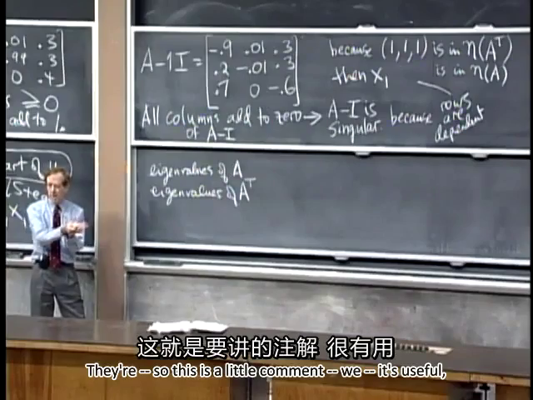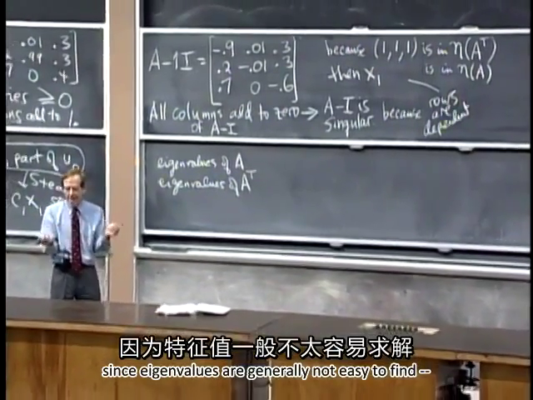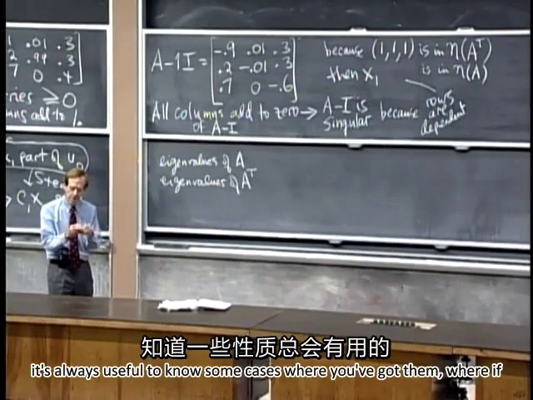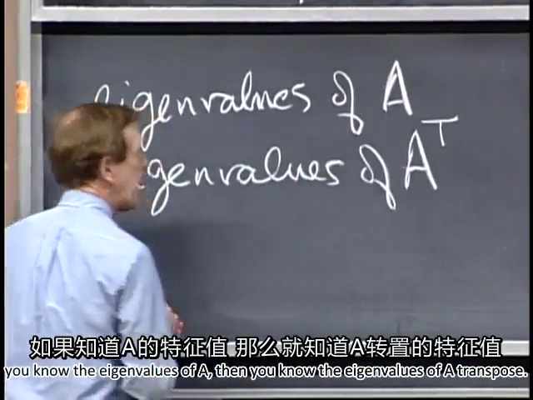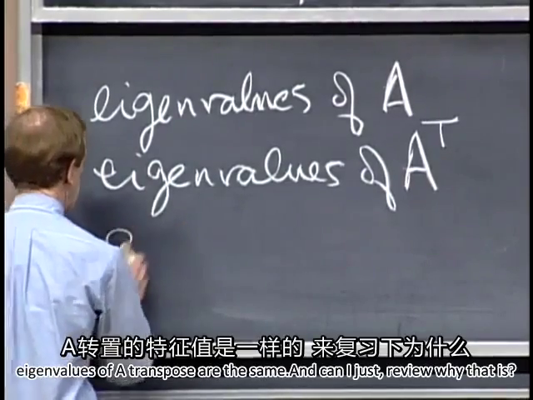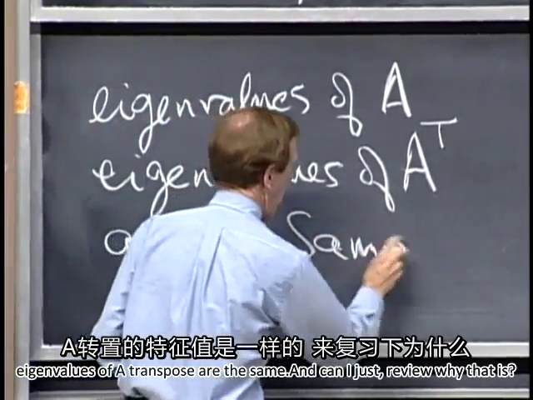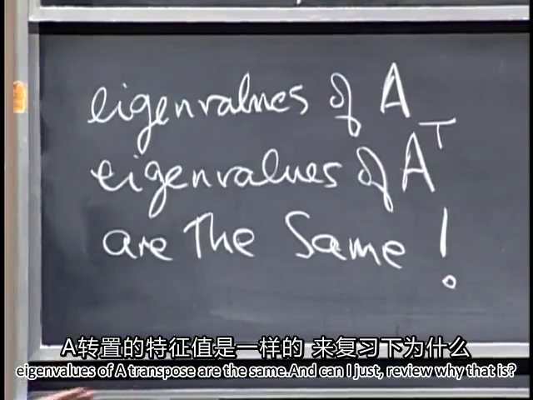So this is a little comment. It's useful since eigenvalues are generally not easy to find. It's always useful to know some cases where you've got them. And this is, if you know the eigenvalues of A, then you know the eigenvalues of A transpose. Eigenvalues of A transpose are the same. And can I just review why that is?